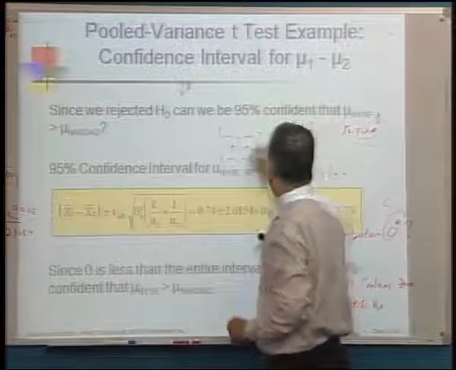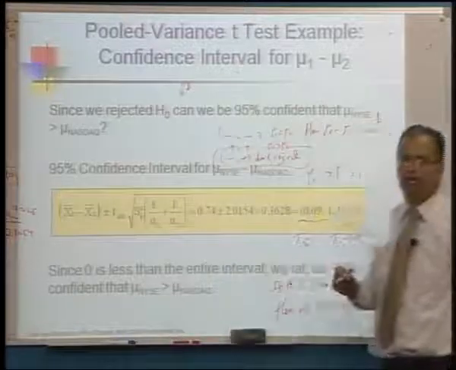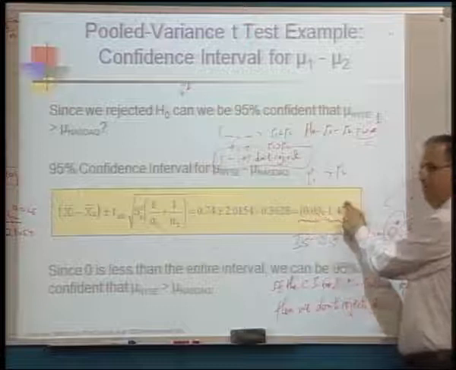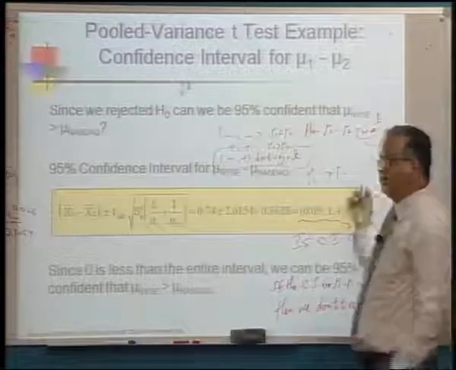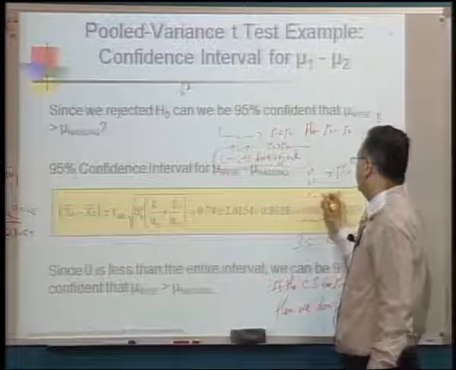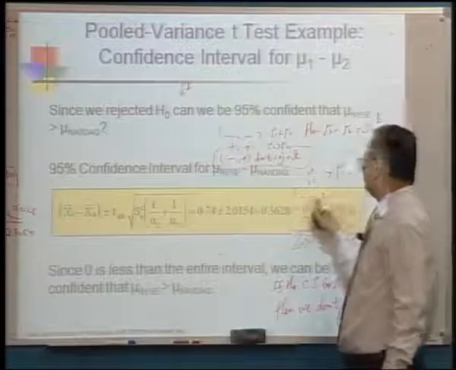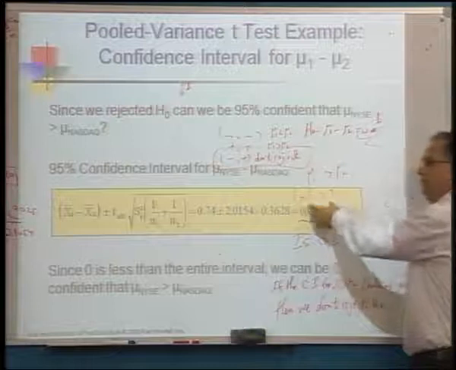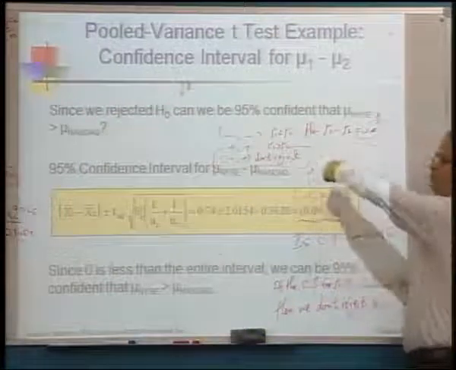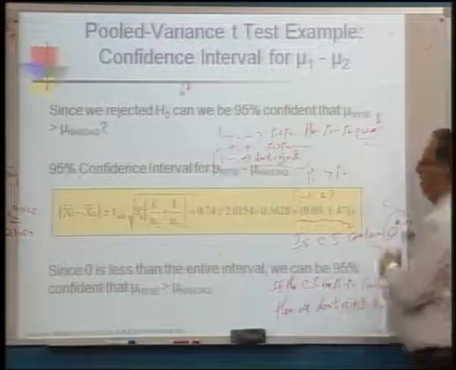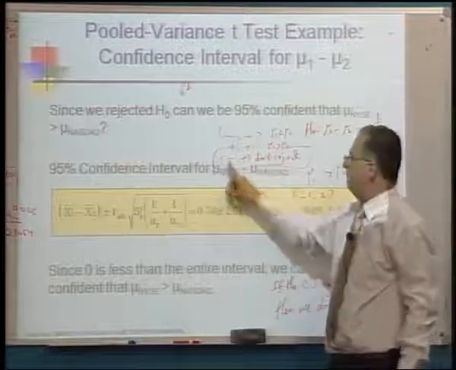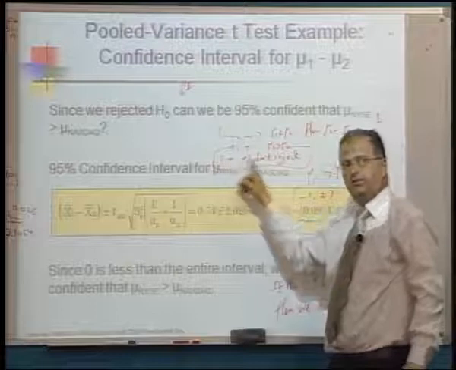So the only time we don't reject is if the lower bound is negative and the upper bound is positive. Because if we start, for example, from minus 1 to 2, in this case 0 is in the interval, I mean the confidence interval contains 0. In this case, we don't reject. So again, the only time you don't reject is if the interval goes from negative to positive.